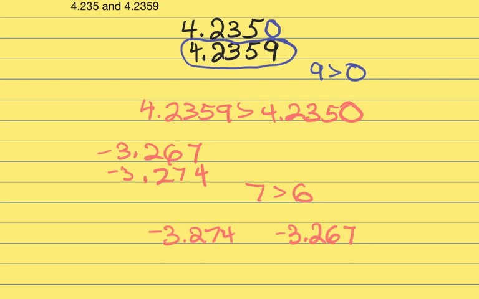It's not the same as positive numbers. So the one with the greater absolute value is actually the least number. So negative 3.274 is less than negative 3.267. So be careful of that when you're dealing with negative numbers. Remember that a greater absolute value on a negative number means that it is less than the other number.